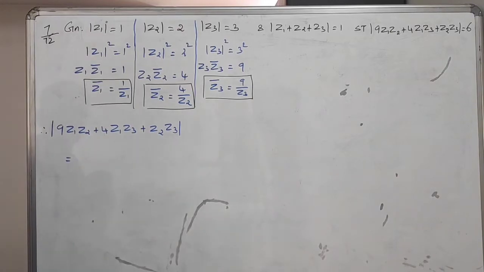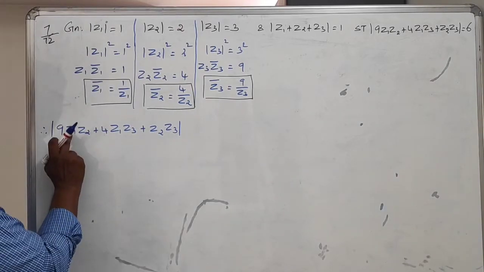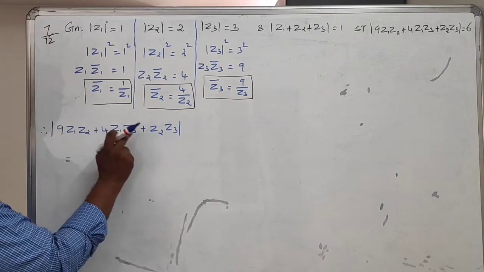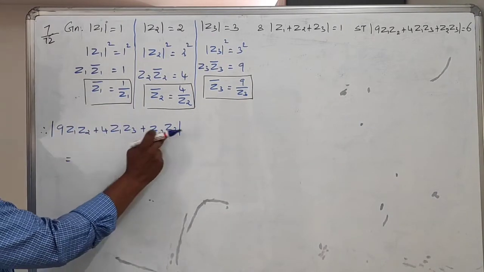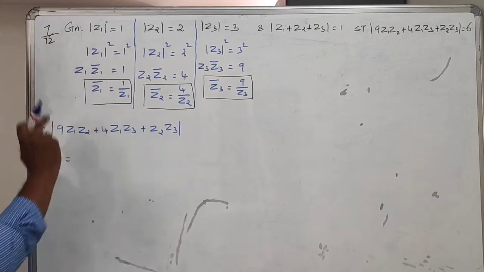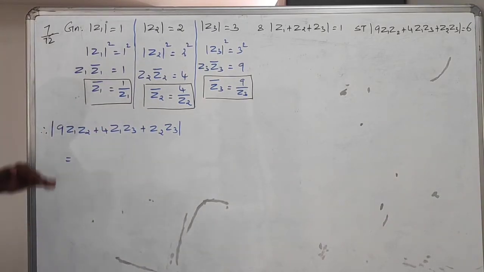Now for our convenience, here we have three complex numbers Z1, Z2 and Z3. They are coming in cyclic order, Z1 Z2, then Z2 Z3, then Z3 Z1. They are coming repeatedly. Therefore, you multiply and divide by Z.